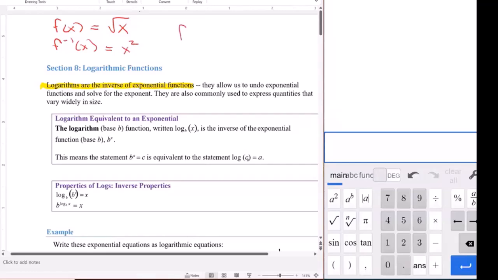And if I compose f with the inverse function, I get f of f inverse of x, which is equal to f of x squared, which is the square root of x squared, which is equal to x.